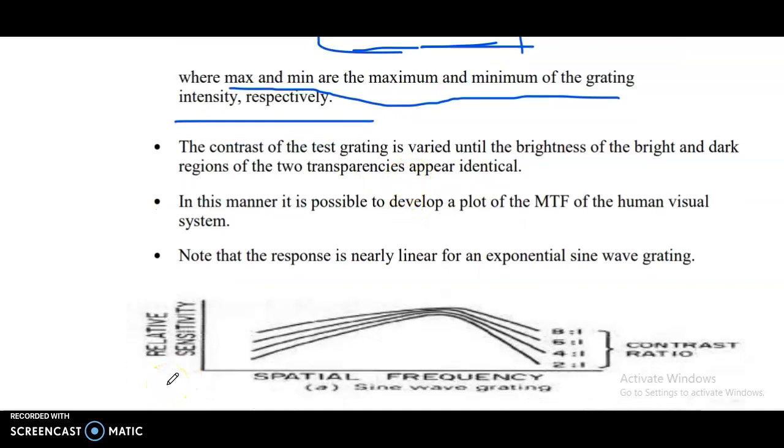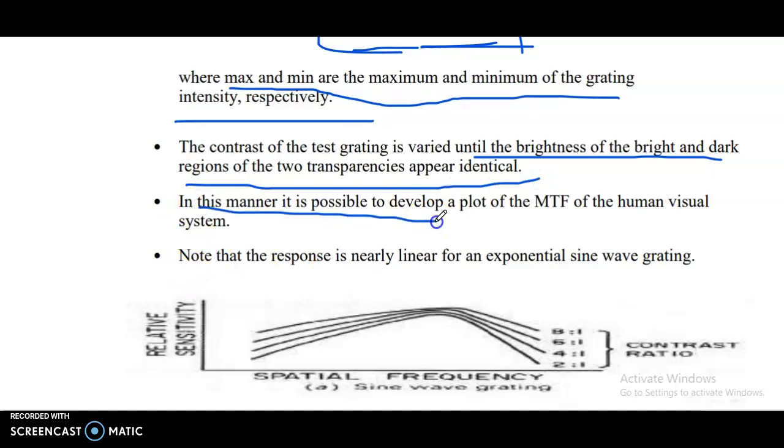The contrast of the test grating is varied until the brightness of the bright and dark regions of the two transparencies appears identical. In this manner, it is possible to develop a plot of the MTF of the human visual system.